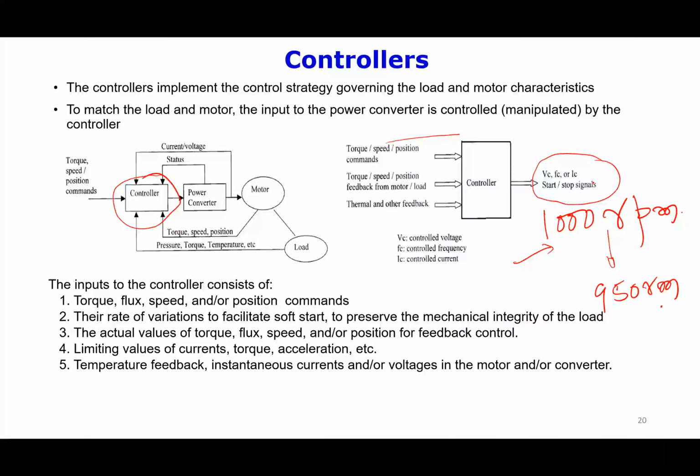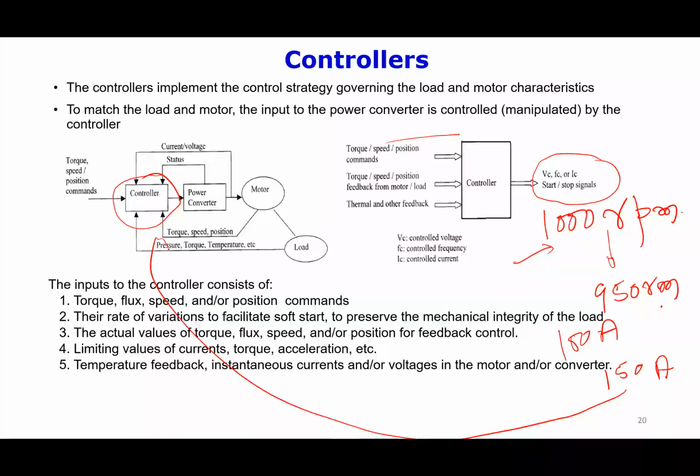Okay. And the actual value of torque, flux, speed, and position for feedback control, these are another set of inputs. And also the limiting values of current, torque, acceleration, etc. For example, the motor is designed for 100 ampere. We want the current to be limited to a maximum of 150 amperes. Then this value is also to be given to the controller.